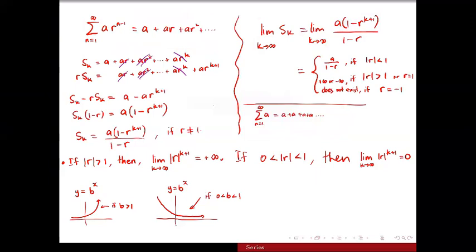I mean the limit. So the question is, should we remove the r? No, we don't have to remove this case here because the answer is still the same, plus or minus infinity. This is what we are trying to look at for this. Okay? Other questions?